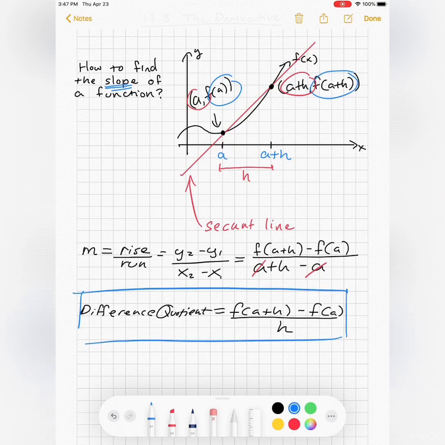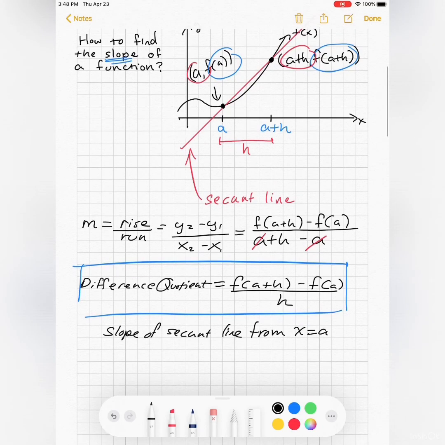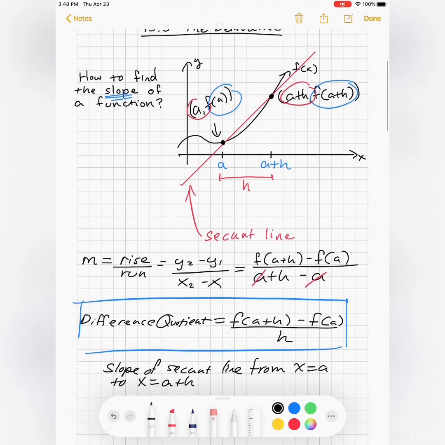Okay, so what information does this give me about the graph of a function? This gives me the slope of the secant line, okay, from x equals a to x equals a plus h. So that would be the slope of the red line here.